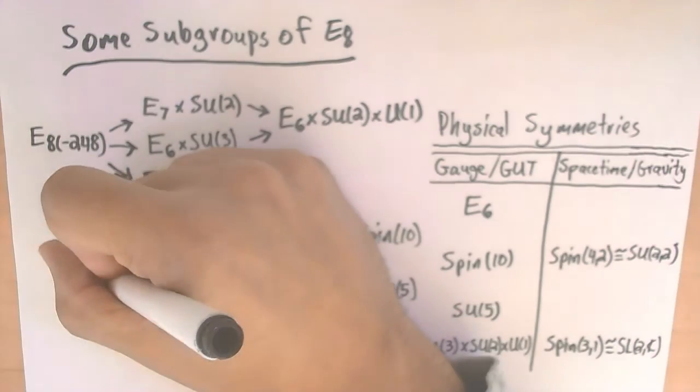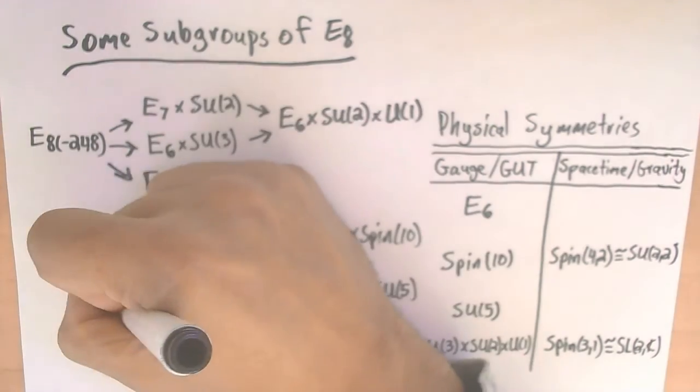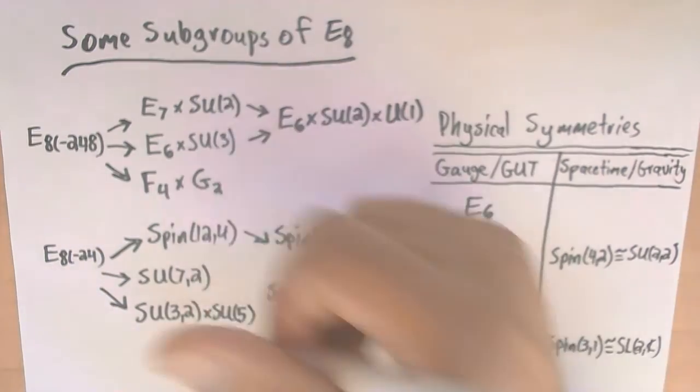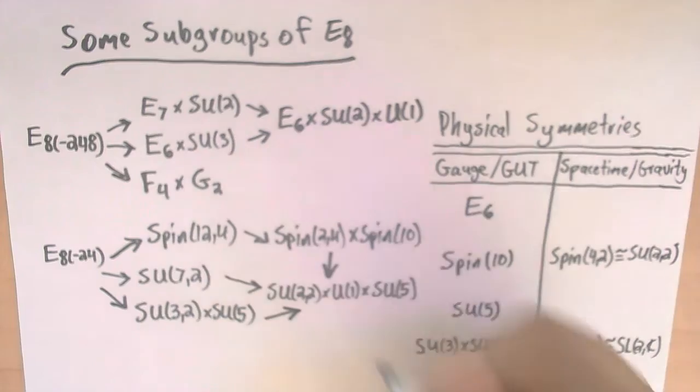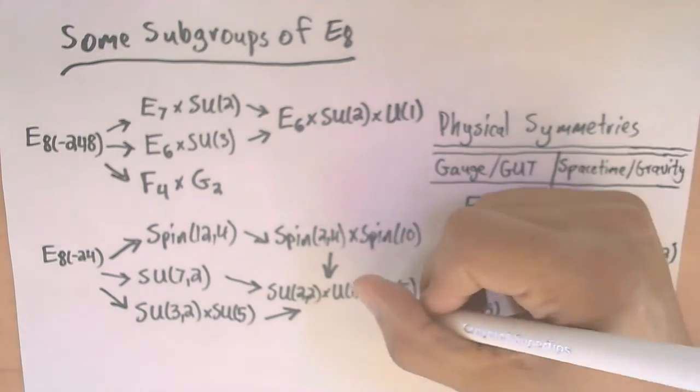Remarkably, E8(-24) can also break to SU(7,-2) and SU(3,-2) cross SU(5). Both of these can then break to SU(2,-2) cross U(1) cross SU(5). This gives us 3 independent paths to explore how conformal gravity can be combined with SU(5) GUT, which can then break to the standard model.